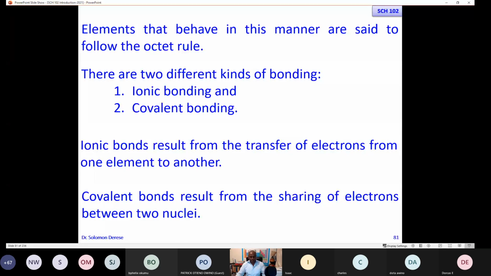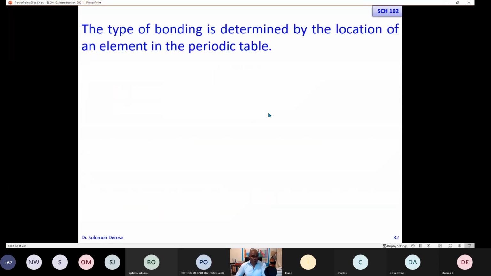Whether it's going to be ionic or covalent depends on what is required to have an octet of electrons. If electrons have to be transferred to have an octet, the bonding is going to be ionic. If electrons have to be shared to have an octet, the bonding will be covalent. So you have to know how ionic bonding comes about and how covalent bonding comes about.